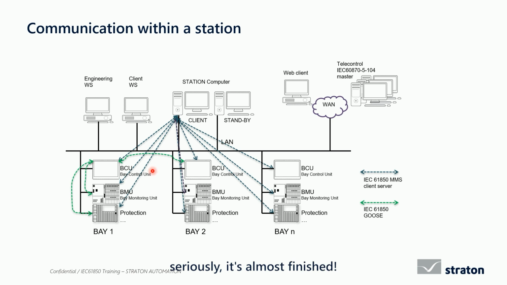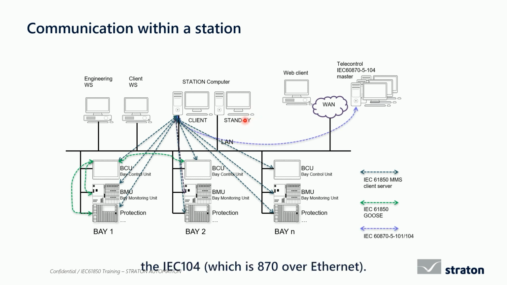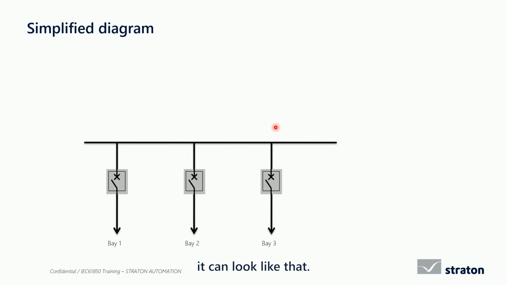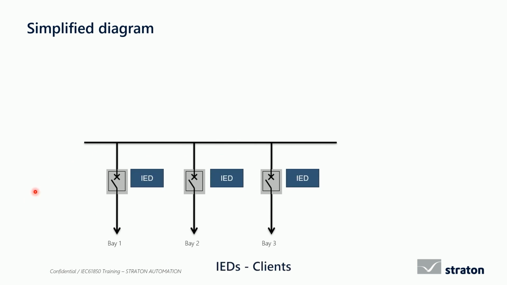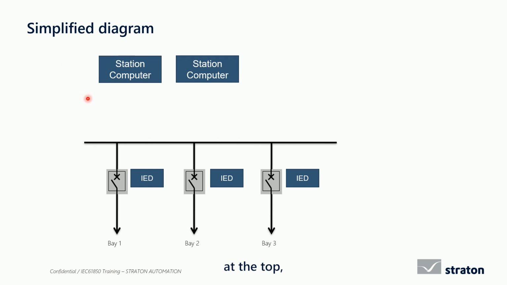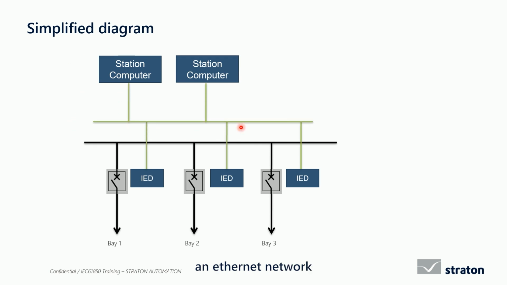Okay, more seriously, it's almost finished. Data read by the client can be retransmitted to hypervisors, for example, via another protocol like the IEC 60870-5-104, also called the IEC 104, which is 870 over Ethernet. If we simplify it, it can look like this. Devices at the bottom, called IEDs, clients at the top, an Ethernet network, and Straton runtimes.